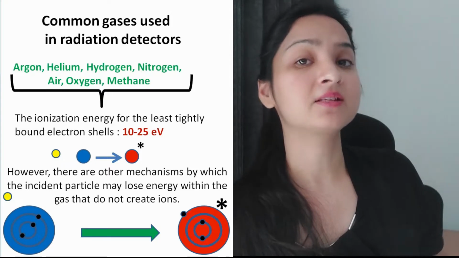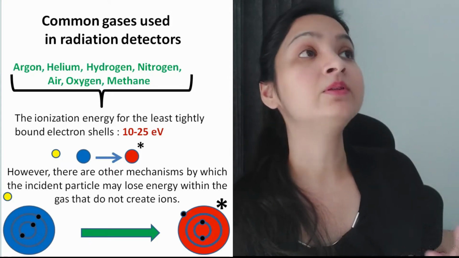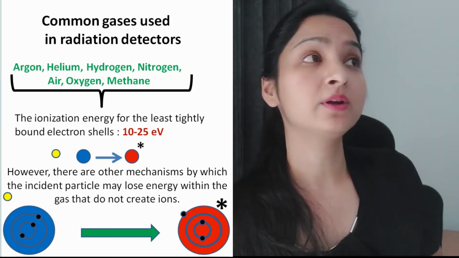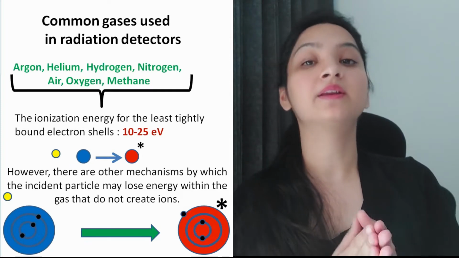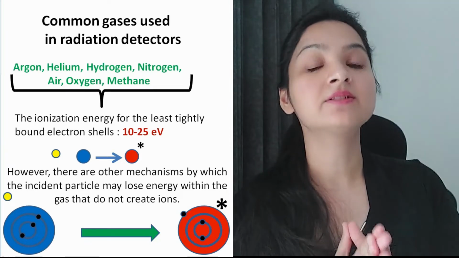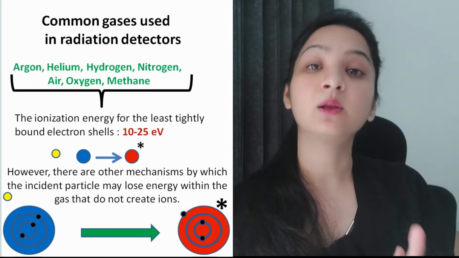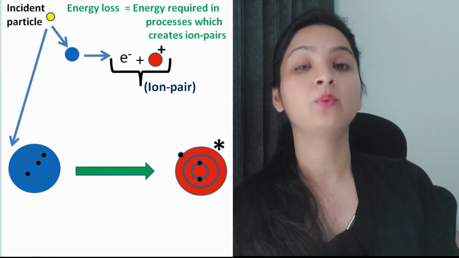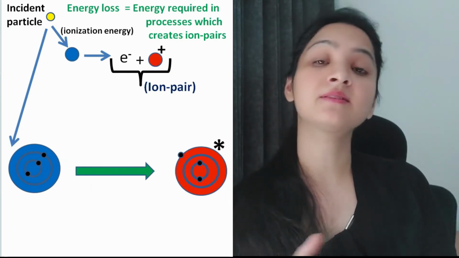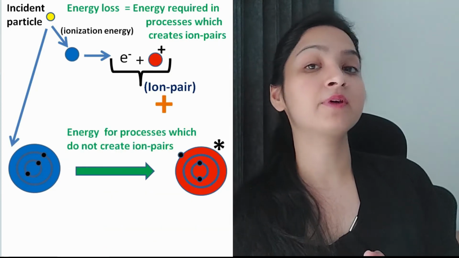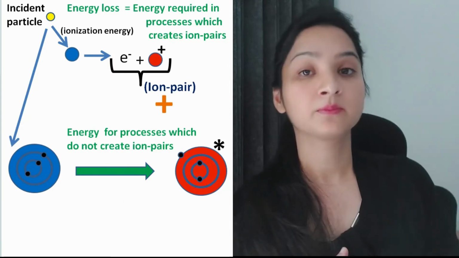It's not able to come out of that trap, so you are not getting any free electron in this case. So the energy of the incident particle, the incident radiation, is getting lost in processes which lead to the formation of ion pairs, as well as processes which do not lead to the formation of ion pairs.